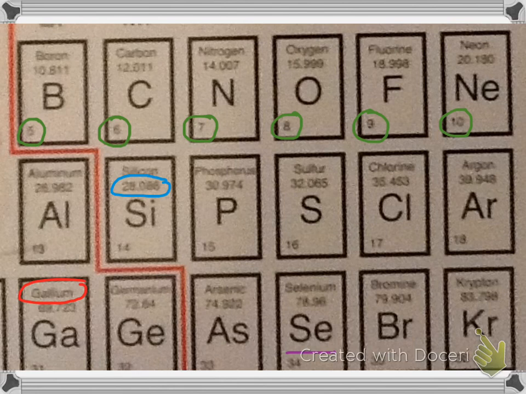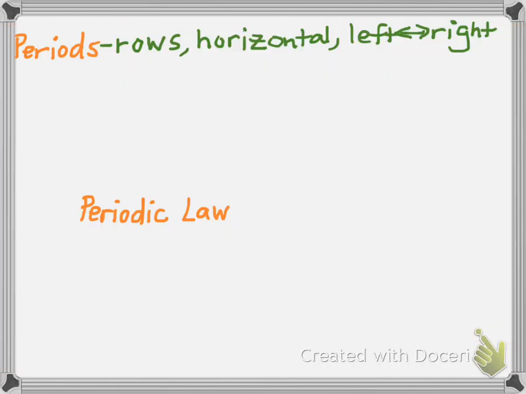So, this is part of one period. This is part of a different period. Okay? So, again, we see periods on the periodic table.